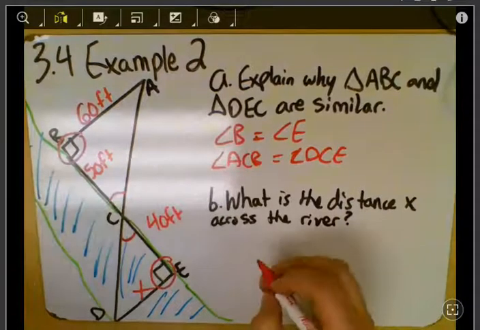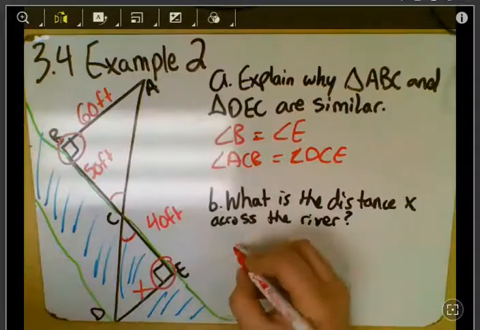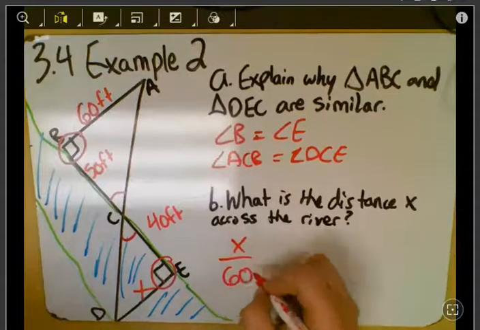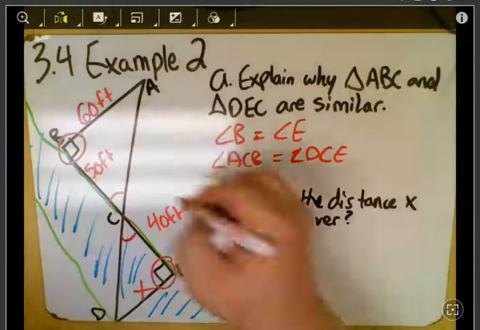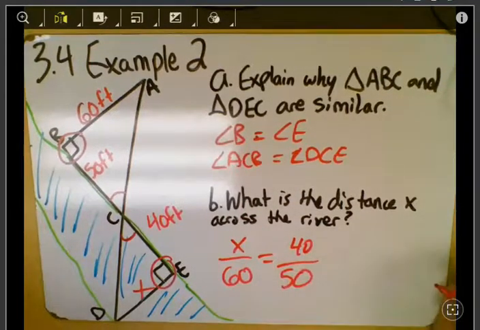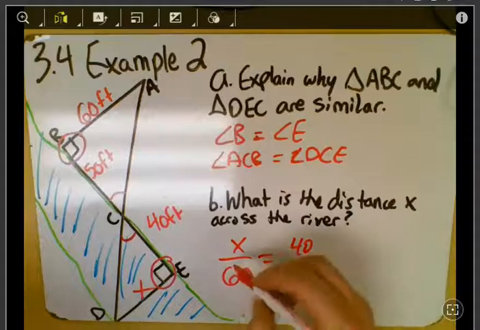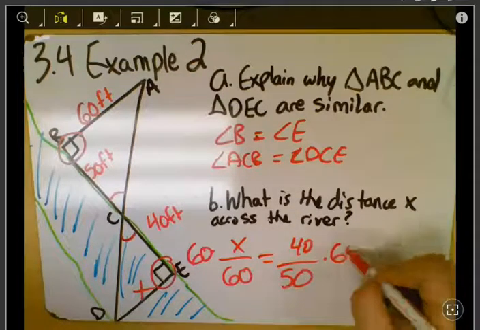So we write x over 60 equals 40 over 50, that ratio. And then we solve by multiplying both sides by 60.